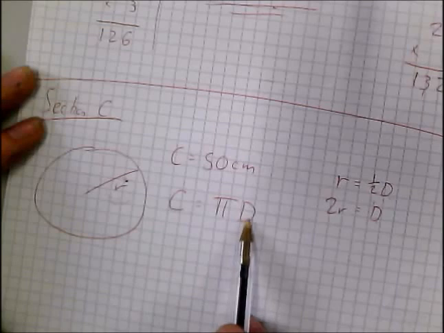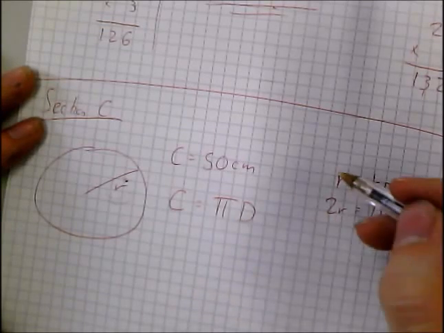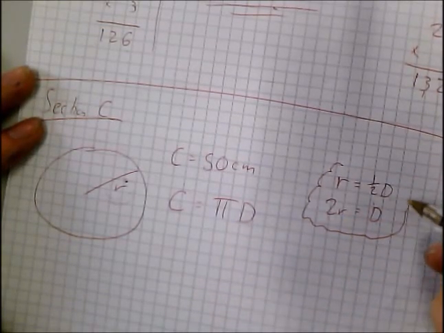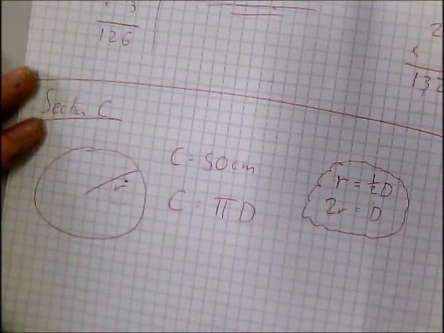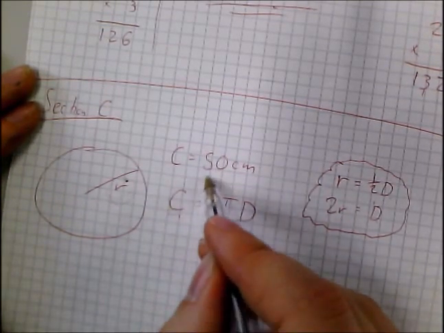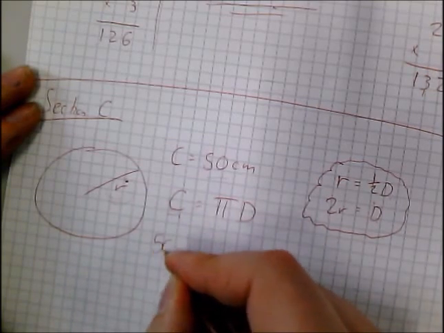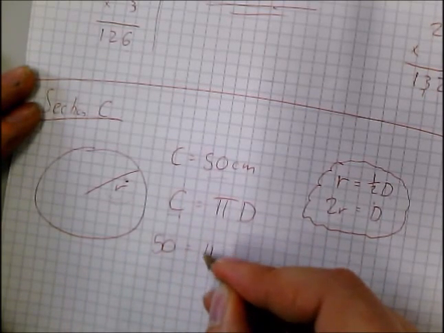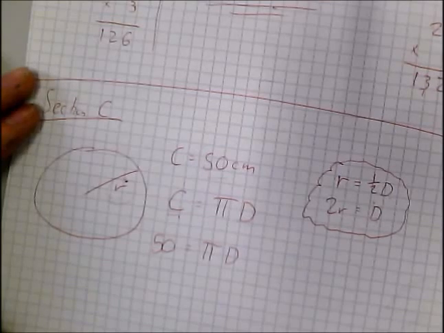So I can change this diameter to be 2r as well. But I'm going to leave that till the end, because I think that might be a little bit too confusing. So, I know the circumference is 50. So 50 will be equal to pi multiplied by the diameter.